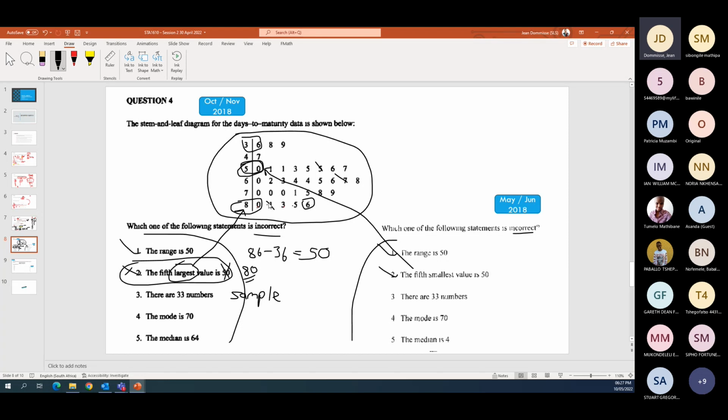At that point we have 30, 31, 32, 33. So the count is 33, which is correct.